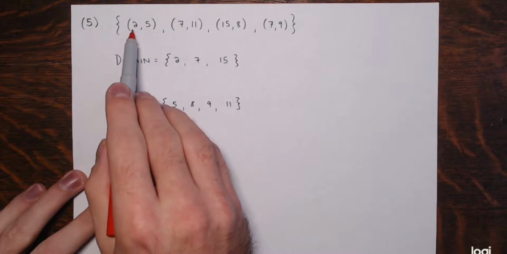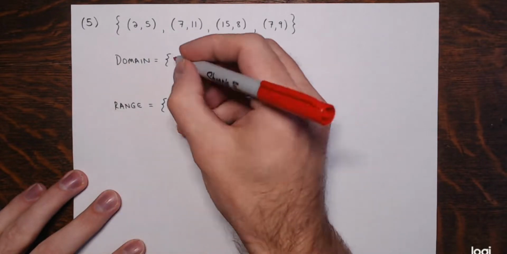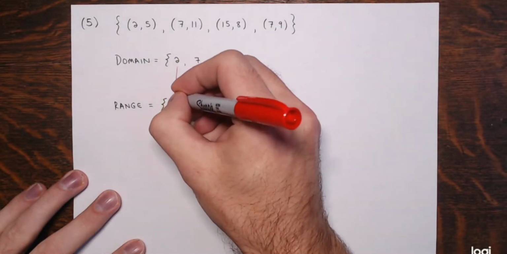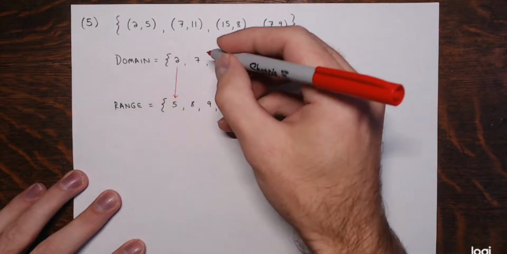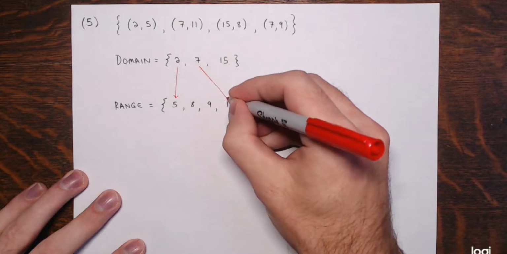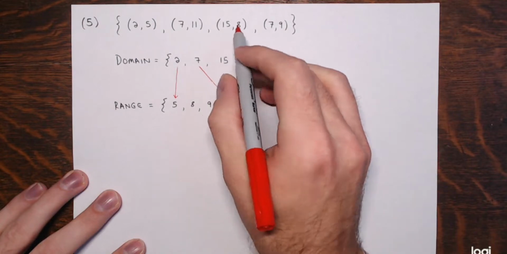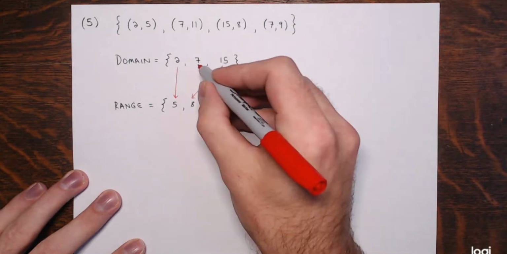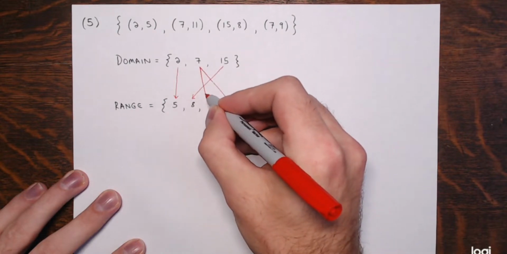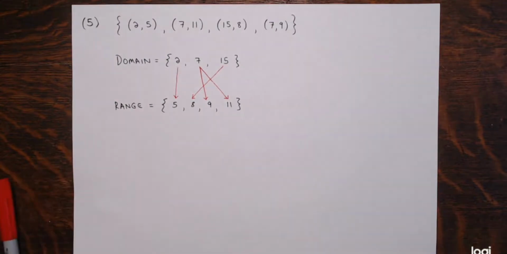2 from the domain pairs with 5 from the range, right? 2 to 5, little arrow there. 7 to 11. 15 to 8. And 7 to 9. So I'm back at 7, and I've got a second arrow coming off of 7 here.